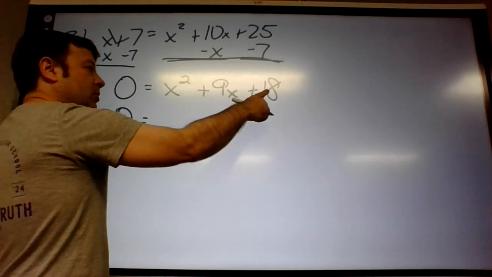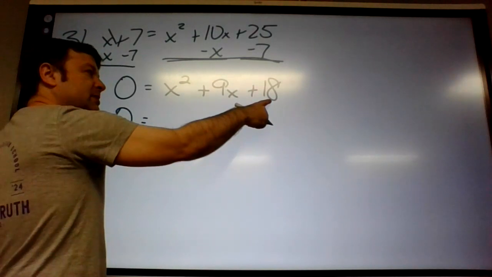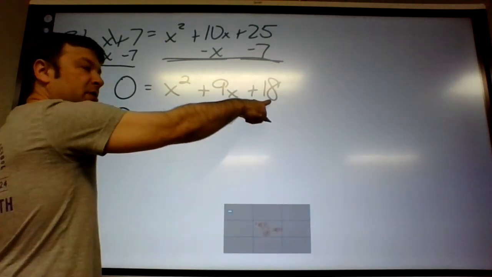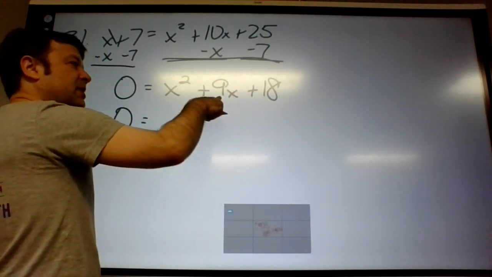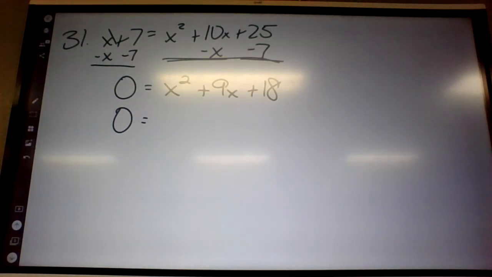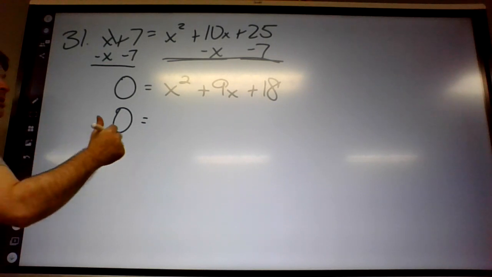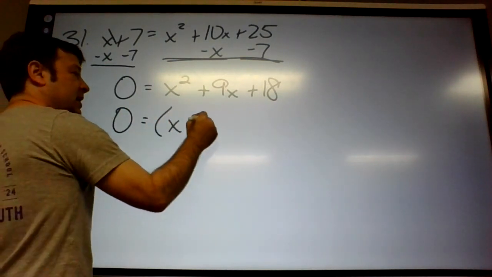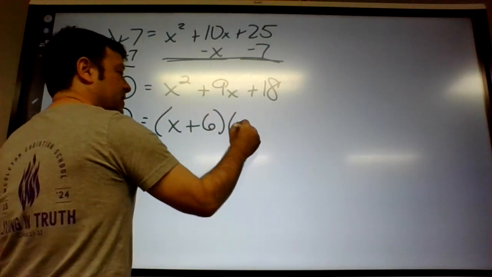So on this one, what multiplies into 18 that adds up to 9? What can multiply into 18? 6 and 3. Does that add up to 9? Yes. So it's x plus 6 times x plus 3.